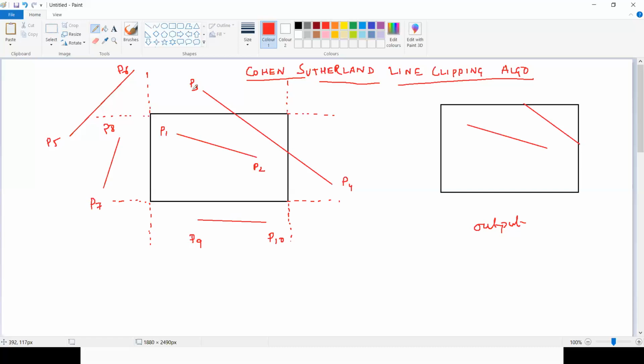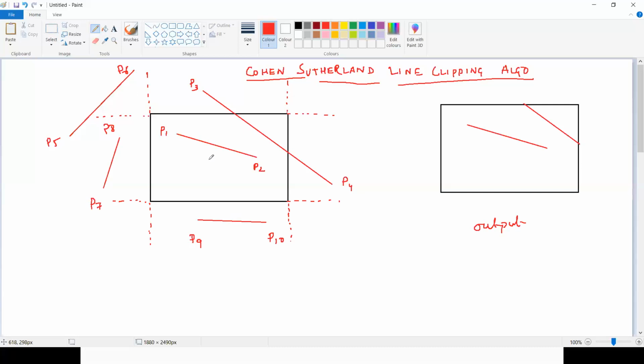The middle one is the region which is inside the clip window. Whatever lines belong inside this middle one, only those we can see, and the rest of the things we will discard.